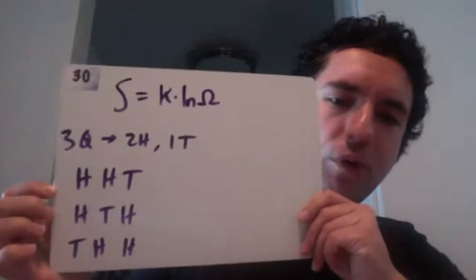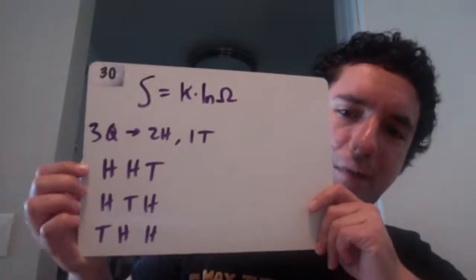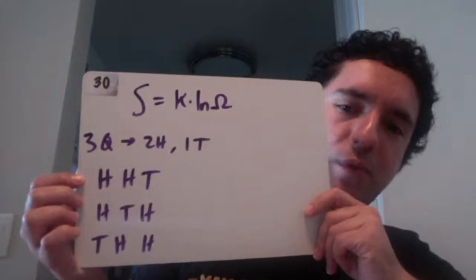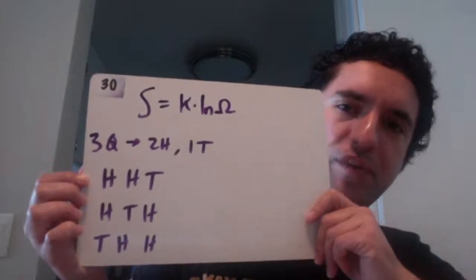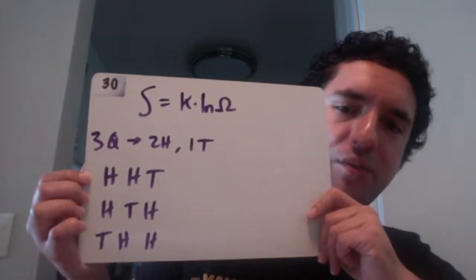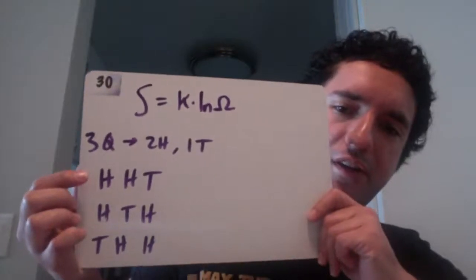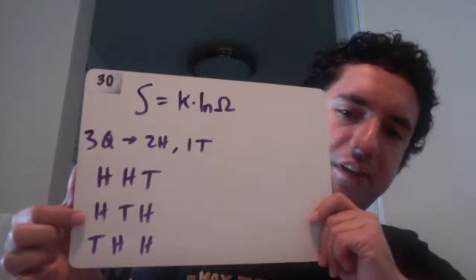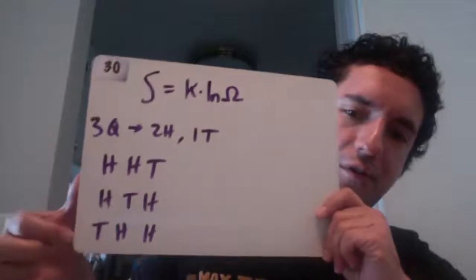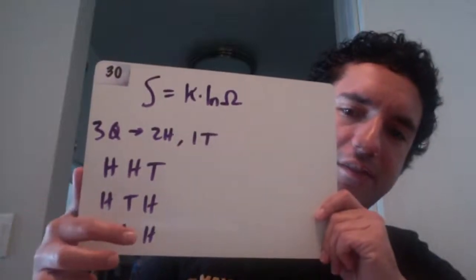If I have 3 quarters and I want to see how many ways I can get 2 heads and 1 tail, I flip them and see how I can possibly get 2 heads and 1 tail. So you can either get 2 heads first and a tail, you can get a head, tail, then a head, or you can get a tail and 2 heads.